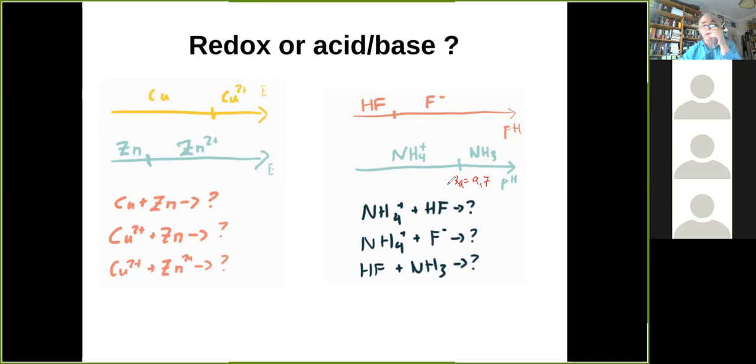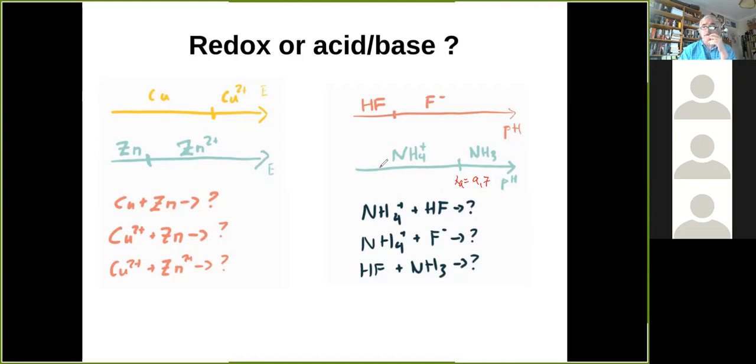They're not related in any way, except that they are two examples of acid-base systems. So in the case that we take ammonium ion and mix it with hydrogen fluoride, do we expect something to happen?